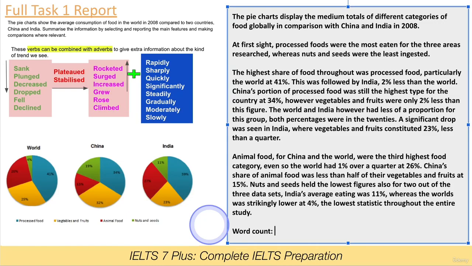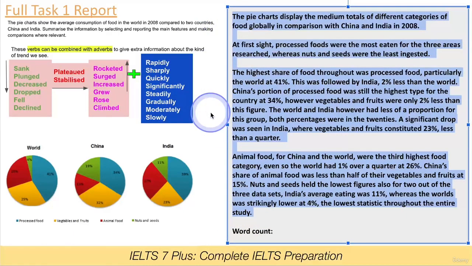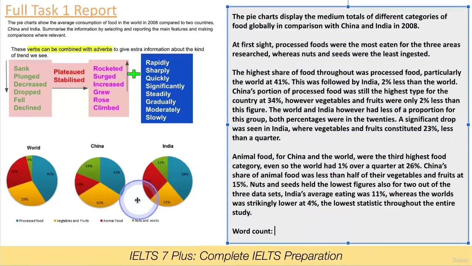We've compared, we've contrasted, we've pulled the data. Let's count the words for this one. Okay then, so I've had a count of these words and that comes to 205. So I think that's a nice amount for this type of question. You can see how we've grouped them together, and we've of course started with paraphrasing and our overview.